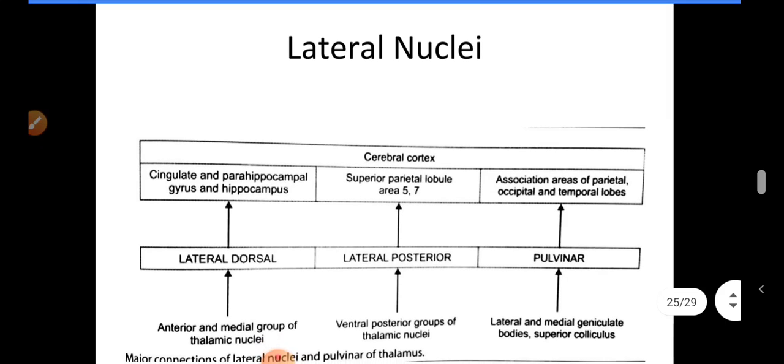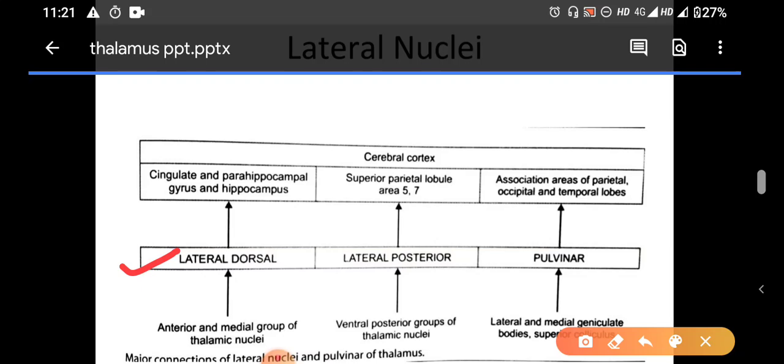Now the lateral nuclei. You know how to divide the lateral nuclei: lateral dorsal, lateral posterior, and the pulvinar group of nuclei. Afferents for the lateral dorsal come from the anterior and medial groups of thalamic nuclei, and efferents are going to the cingulate and parahippocampal gyrus.